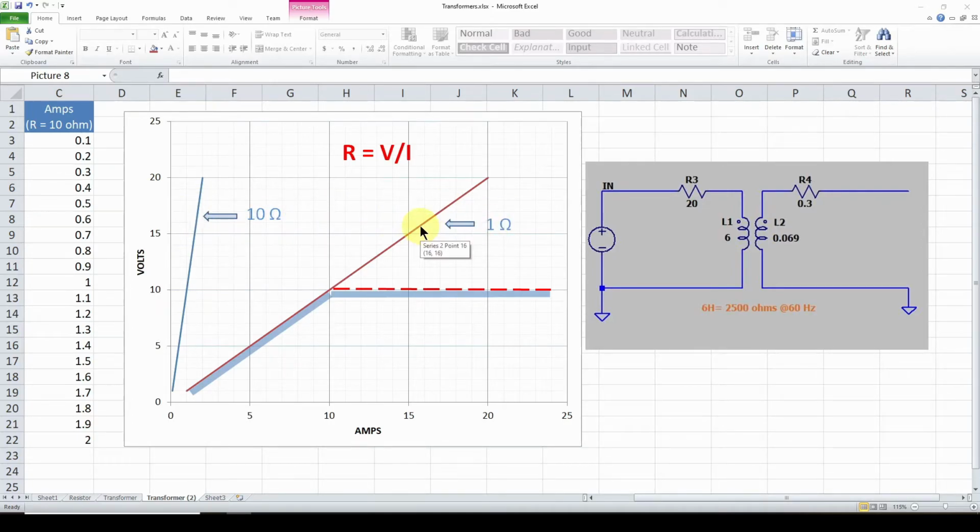But we said that an iron core transformer has a different characteristic at a certain point. What we showed was a characteristic from 0 to say 10 volts applied across a transformer. It would be linear, in other words, it would act like a linear resistance, but it would be a constant inductance or a constant inductive impedance.